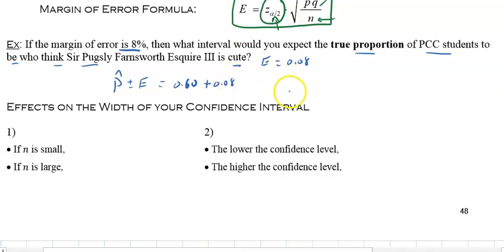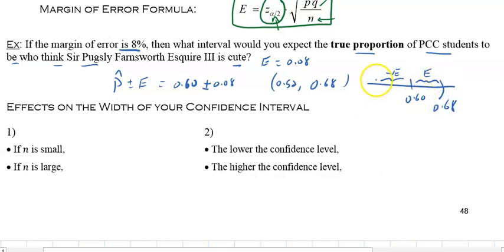So instead of saying 60% of PCC students, we would say 60 minus 8 is 52%, and 60 plus 8 is 68%. So you take the point estimate, you add the error, and you subtract the error. That gives you an interval. This is called a confidence interval.